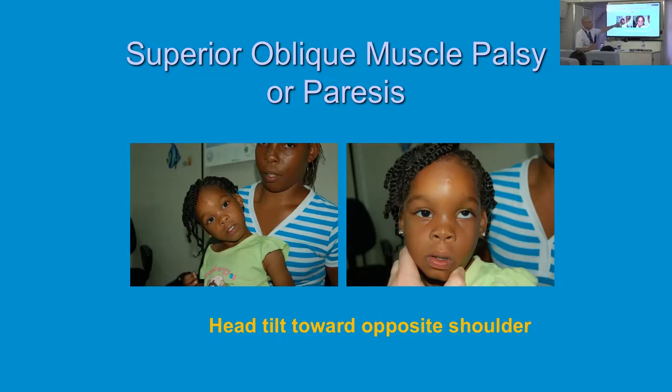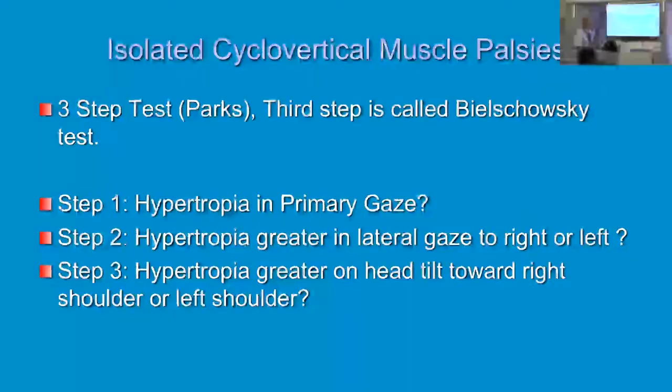The eyes look lined up. If she tilts her head to the left, it's going to be worse. So this is a typical example of a left superior oblique muscle palsy. Whatever eye has the superior oblique palsy, they're going to prefer to tilt their head to the opposite side.